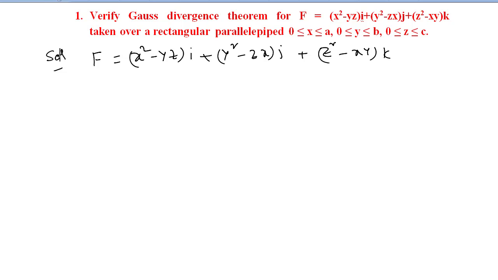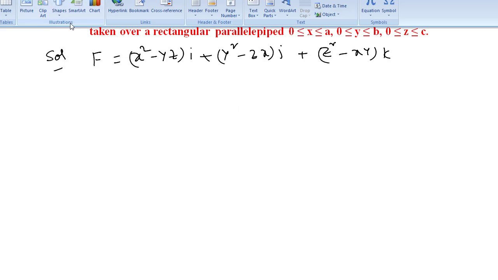This F is given, taken over the rectangular parallelepiped, x is 0 to a, y is 0 to b, z is 0 to c. Then what is the diagram? Okay, I will take one diagram.